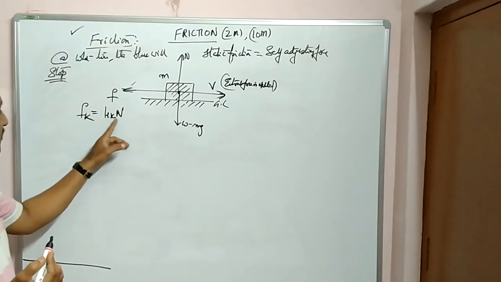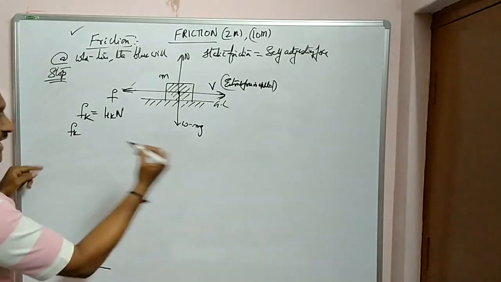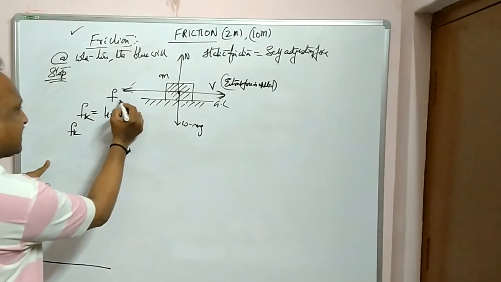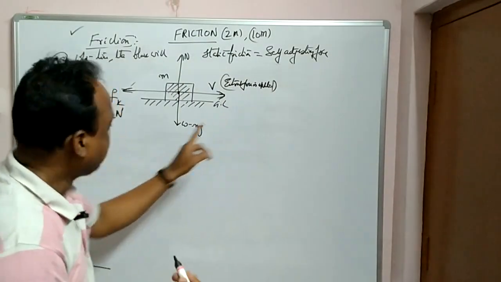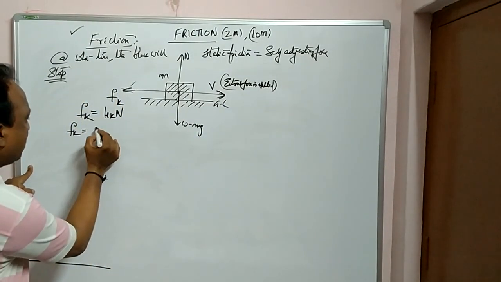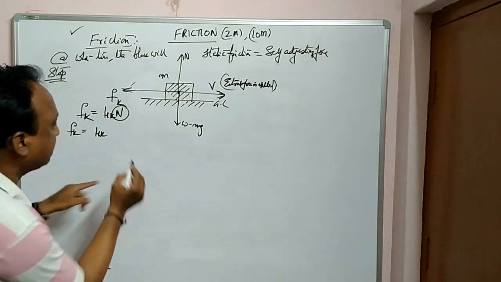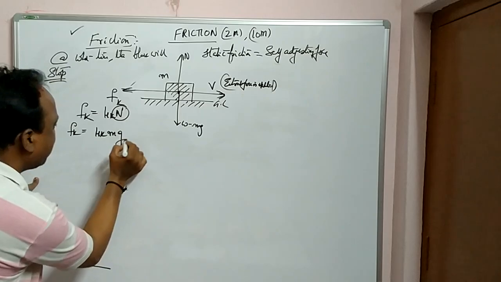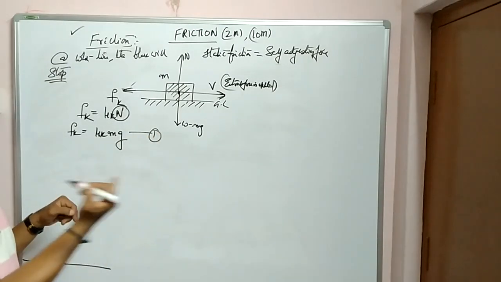So Fk is equal to mu k into N, and it is in the opposite direction of the motion. What is normal force? Weight of the body, m into g. So equation 1. The frictional force acting in opposite direction is this much.